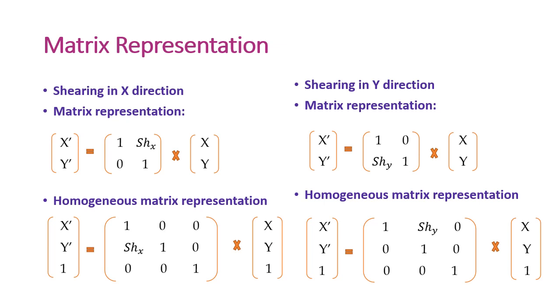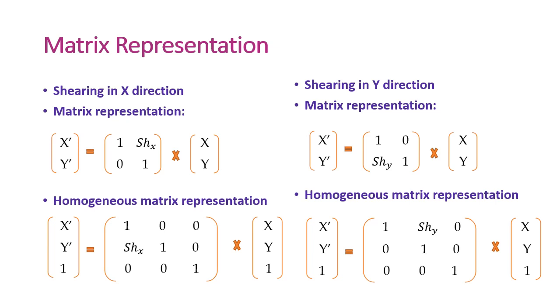So we get new coordinates of object, that is x dash y dash, by multiplying the shear matrix, that is [1 shx; 0 1], where shx is the shear parameter, with original coordinates of the object. So here we are changing the x coordinates and y coordinates remain same.